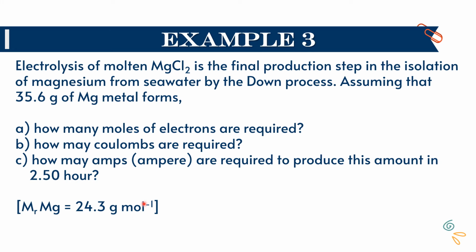Okay, macam mana example 3 ni berbeza daripada example 1 and example 2. So for example 3, dia dah pecahkan kepada 3 soalan yang berbeza. Okay, a small question. So sebenarnya lagi senang lah, sebab dah ada specific things that you need to find.